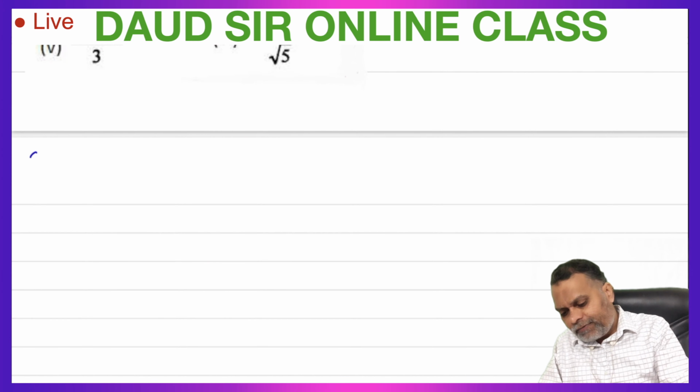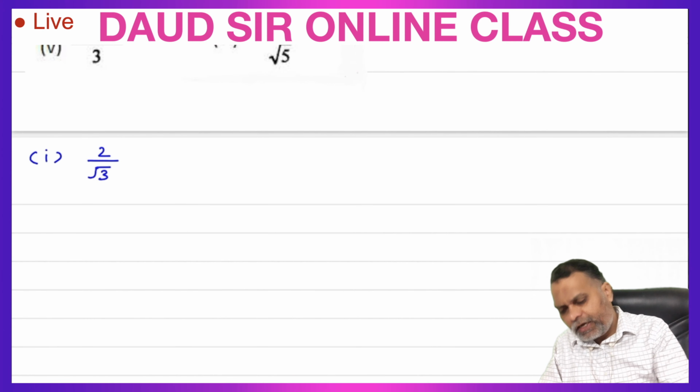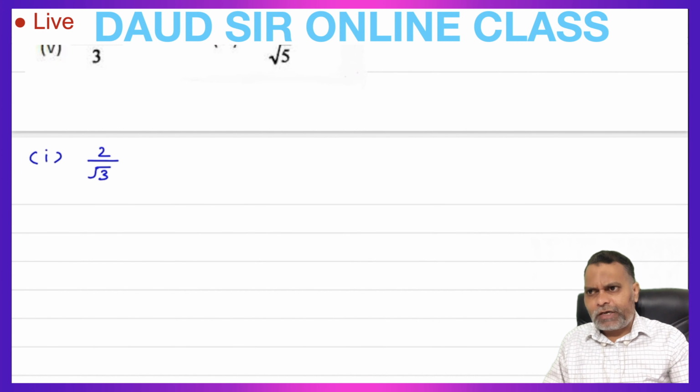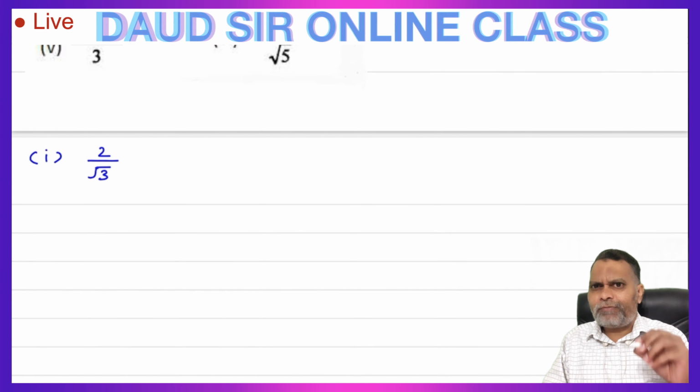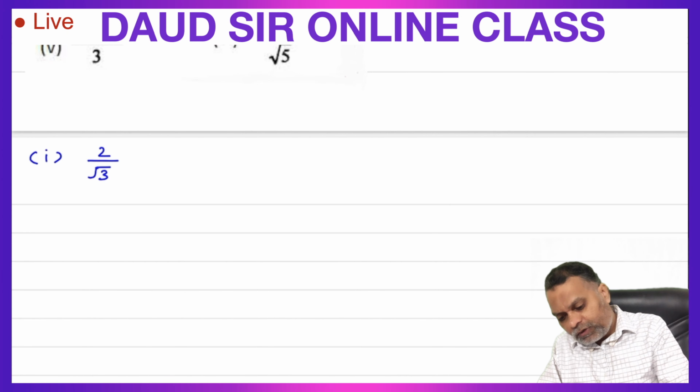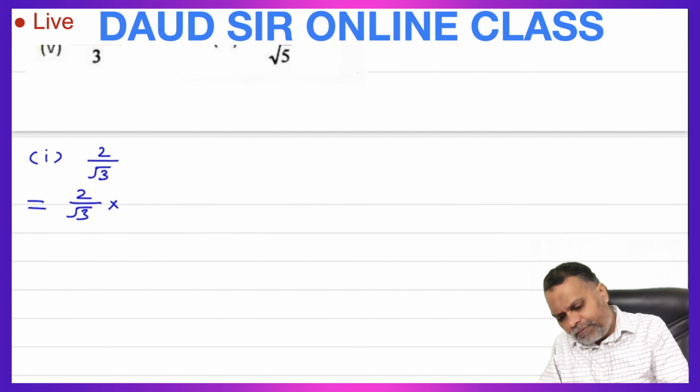Now I am taking this first part, 2 upon root 3. Here we have to find out its value up to 3 places of decimal by using the values of root 2, root 3, root 5 and root 10. So for finding the value, first we will rationalize this number, then finally we put the value of under root which are given. So 2 upon root 3, multiplying and dividing by root 3.